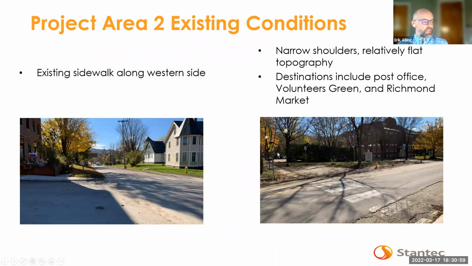So there is existing sidewalk along the west, and we just found out recently that's going to be improved, I believe this summer, with a grass strip and some new curb, along with some stormwater drainage improvements. So other pieces of the existing conditions are that it's fairly flat through there.